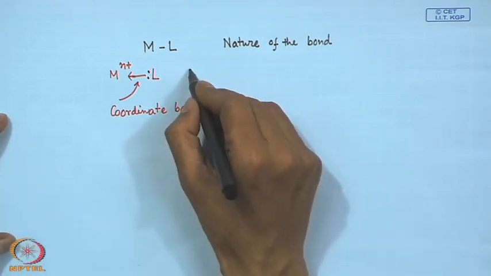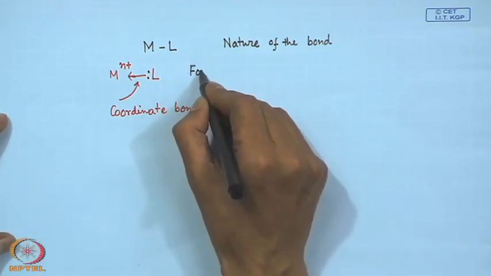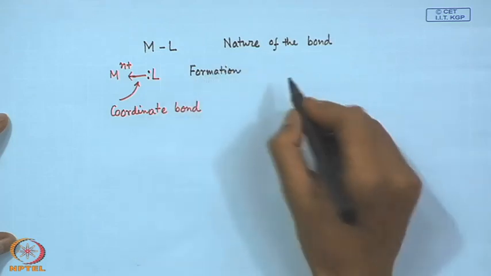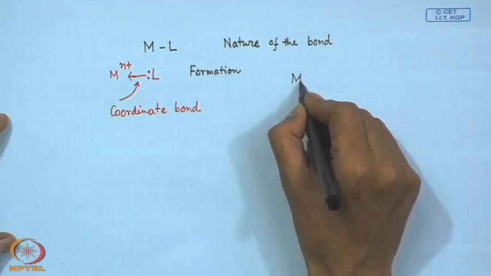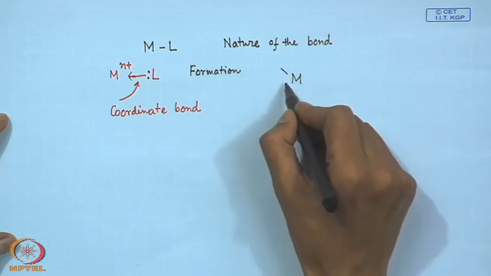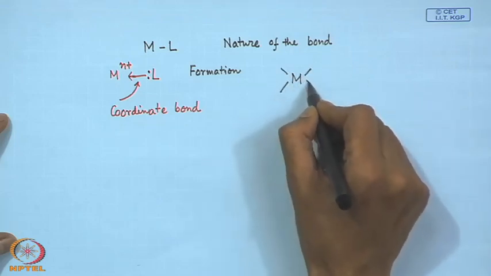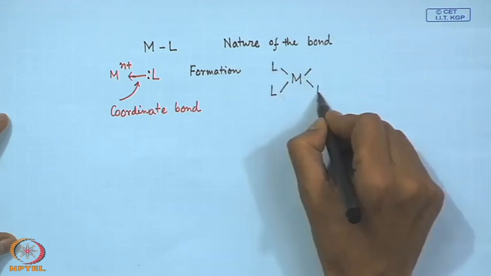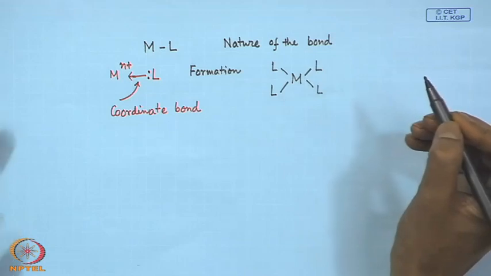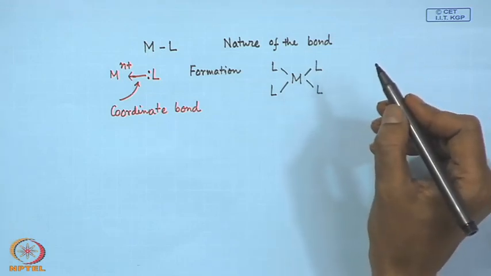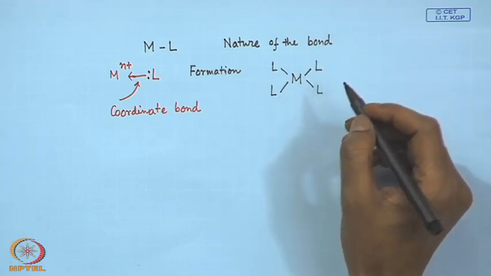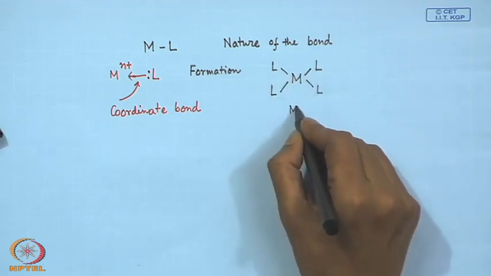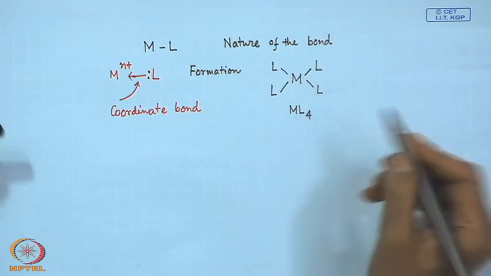Not only the formation of one bond, it can be more than one, because we know that a particular metal complex can be formed depending on its coordination number and preference of that particular metal ion. So, if it is forming 4 such bonds, we get a corresponding ML4 species.